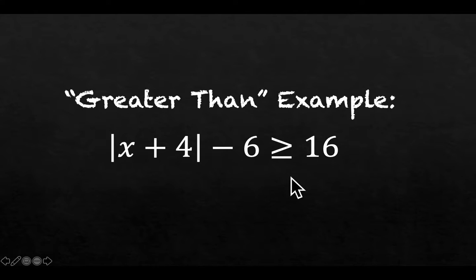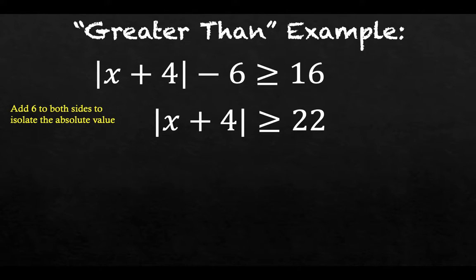Go ahead and stop the video and try this one, and then come back and see if you did it correctly. So hopefully you started this one by isolating the x plus 4 inequality by adding 6 to both sides. So when we added 6 to the left side, then we were left with simply the inequality. But when we added 6 to the right side, we had 22.